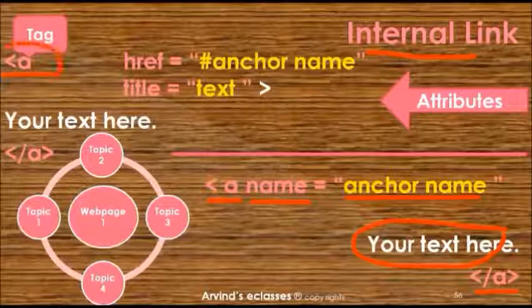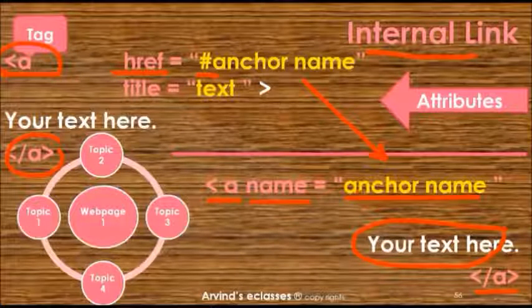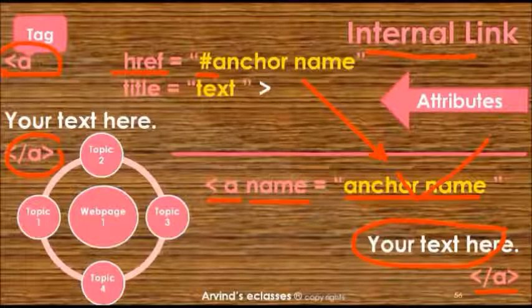Here we again use the anchor tag and its end tag, and here we use href. In the previous external link, we were giving the address of an external website, but here we will use a hash and give this address. Suppose we are using the anchor name, so here you have to give the same name, because when anyone clicks here, then this page will open.